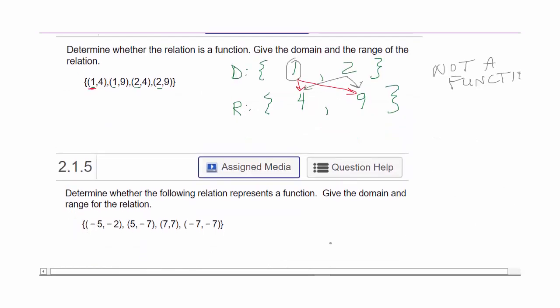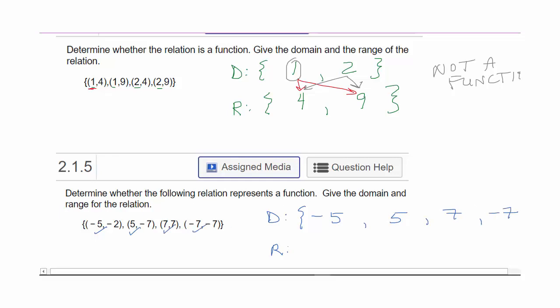All right, let's look at this one down here. We have the same instructions, so I'm going to go ahead and list out my domain and my range and see if we have a function. So the domain includes all the x values, so we have -5, and we have 5, and we have 7, and we have -7.